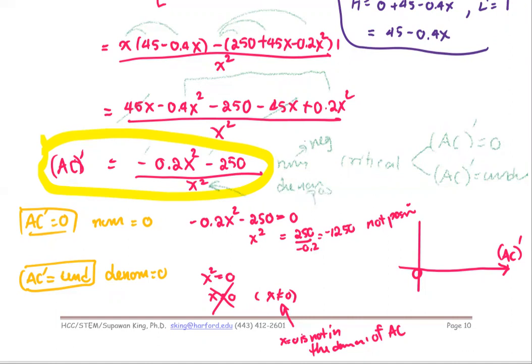So when you divide a negative by a positive, you get a negative number. So the sign of the derivative of the average cost function is always negative for x greater than zero. We can make the conclusion: for x greater than zero, the average cost function always decreases.